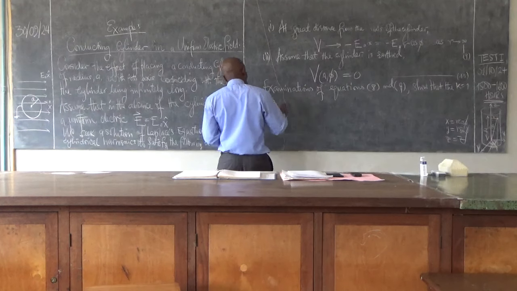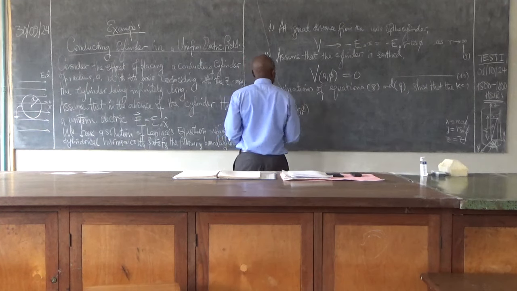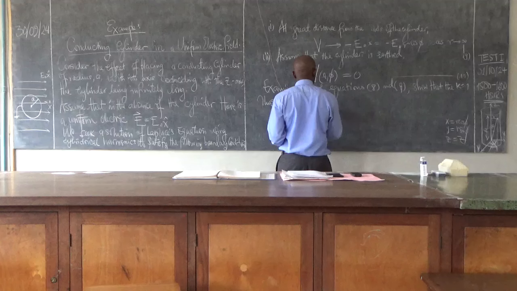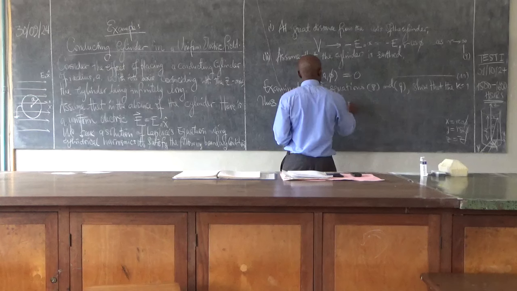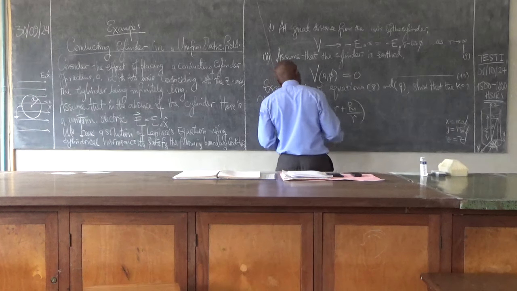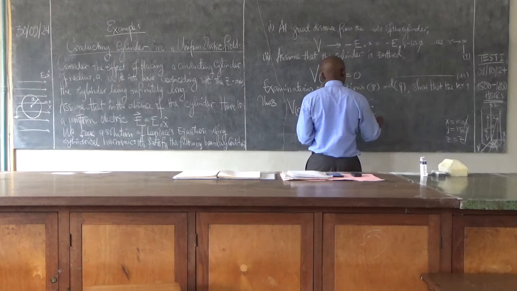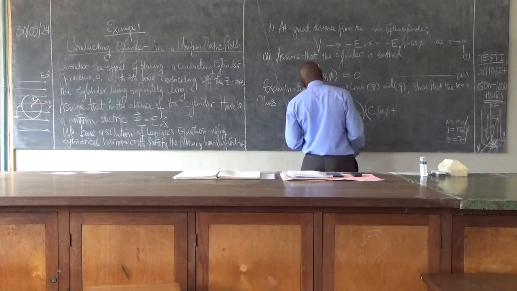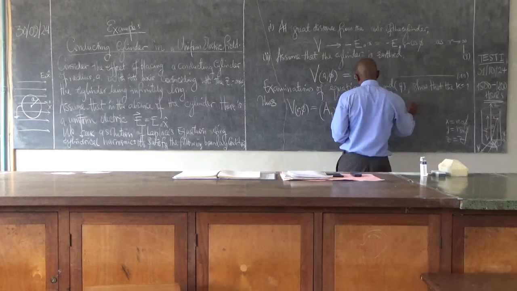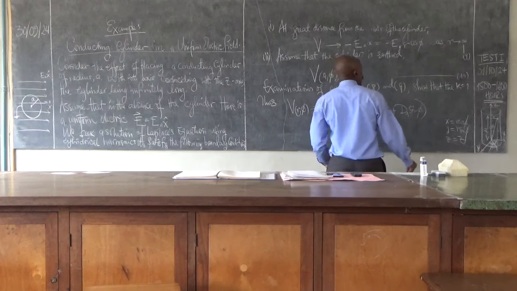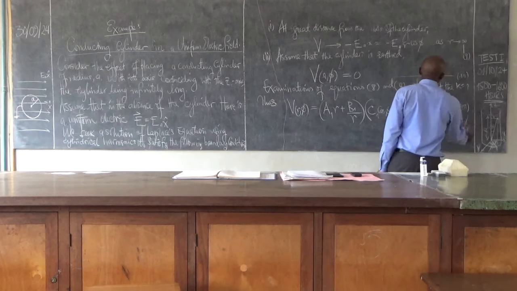Thus, you would have the potential V(r, phi) being equal to a_k r to the k, which is r to the 1, plus b_k, which is b_1, over r to the k, which is r to the 1, times c_k, which is now 1, cos phi, plus d_k, which is now 1, sin k phi, which is sin phi. And we have this as equation 11.